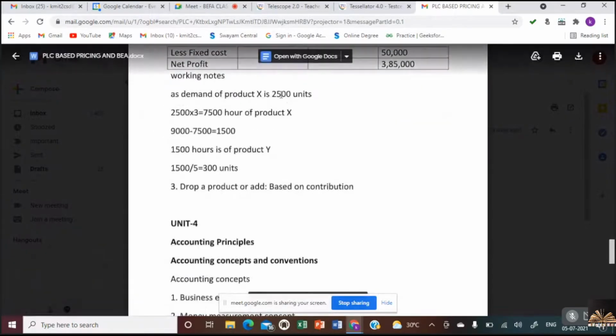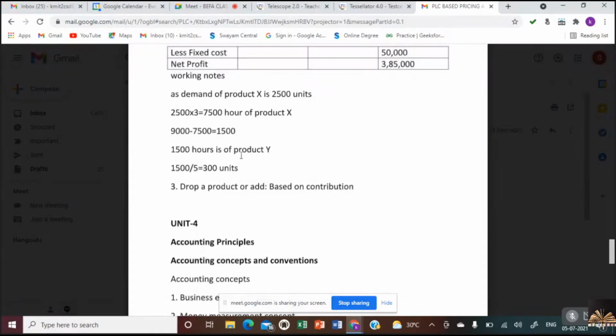Only 2,500, as the demand is only 2,500. So here we go for 2,500 units of product X and 300 units of product Y. This is an ideal product mix which gives us maximum profit. This is known as choosing a product mix, applying the concept of break-even analysis.